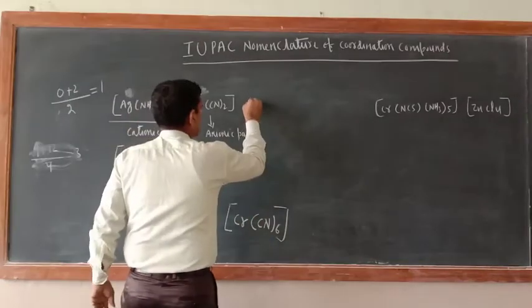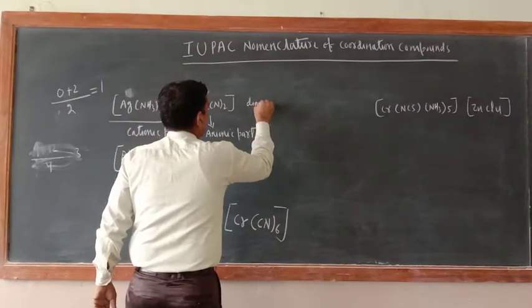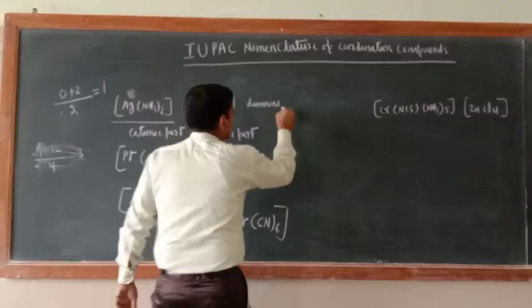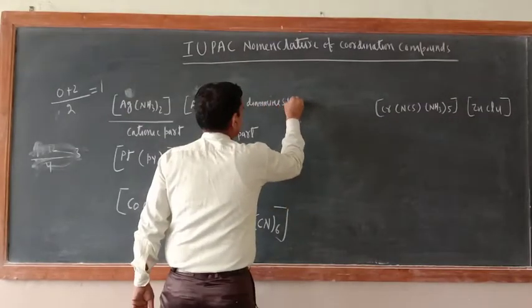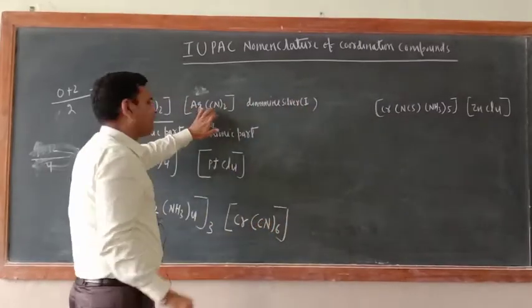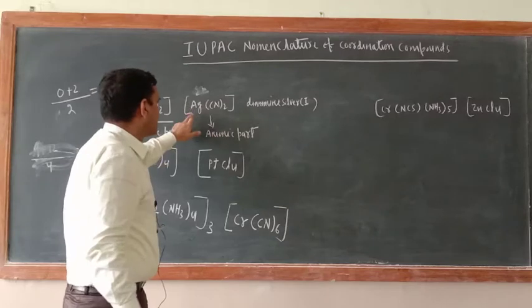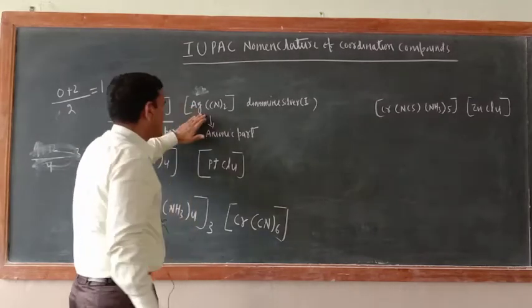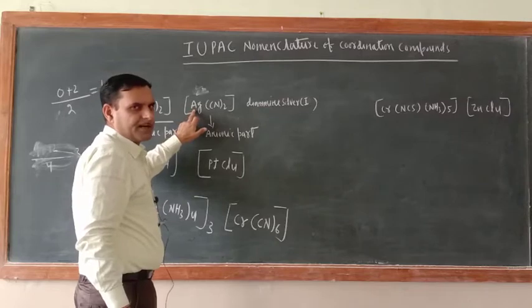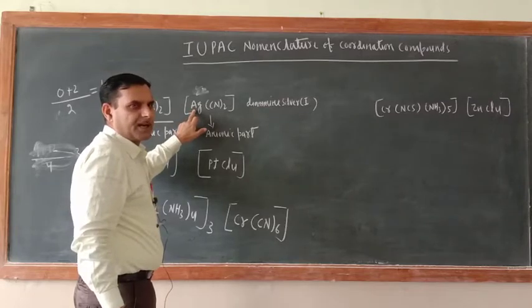Just see what would be the name of this one. First one is diamine silver. Now both silvers have got oxidation number 1 only. Then this is the anionic part. In the anionic part, the word 'ate' must be added to the name of the central metal atom.